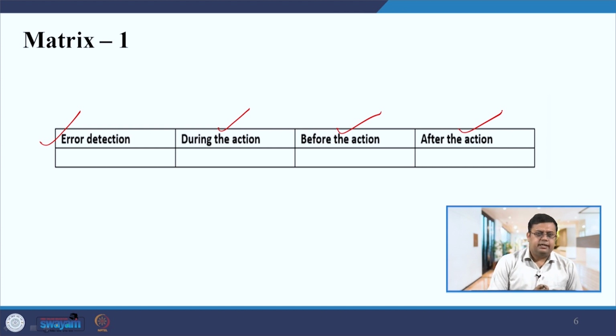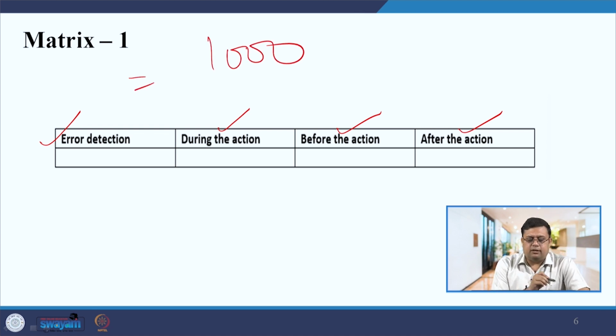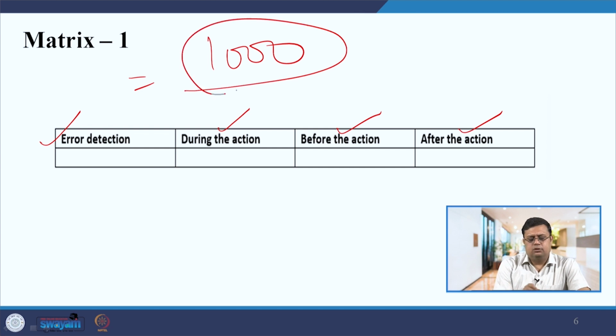So when this error was detected, now you can categorize all the errors. Let us assume you have identified 1000 errors, any 1000 goals, department wise, individual wise.